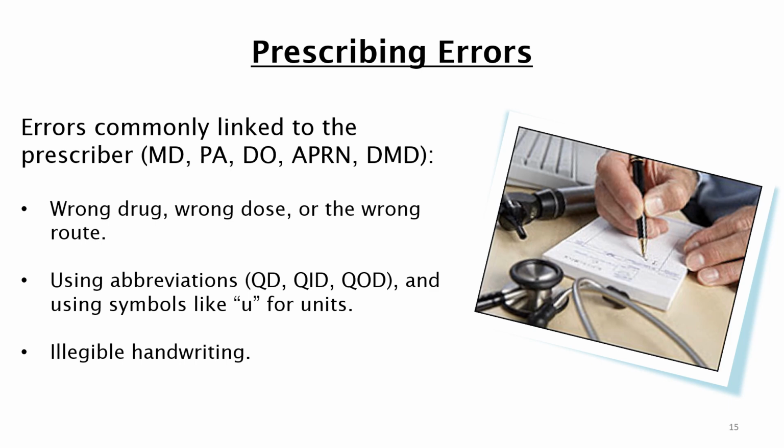These days, because most prescriptions are sent electronically, it helps to reduce the amount of errors. But sometimes you will have those prescriptions that are still written that you have to take to the pharmacy. So it might be handwriting that you just can't read.